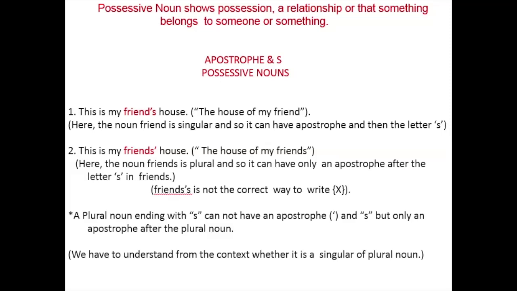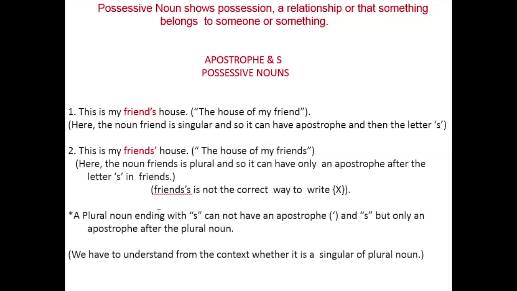Sentence 2. This is my friends' house. The highlighted word friends is in plural form. So the apostrophe is after the S. The house of my friends. Here the noun friends is plural. So it can have only an apostrophe after the letter S in friends.